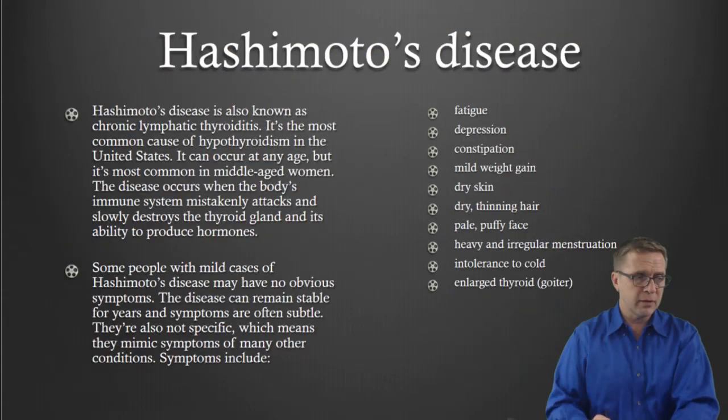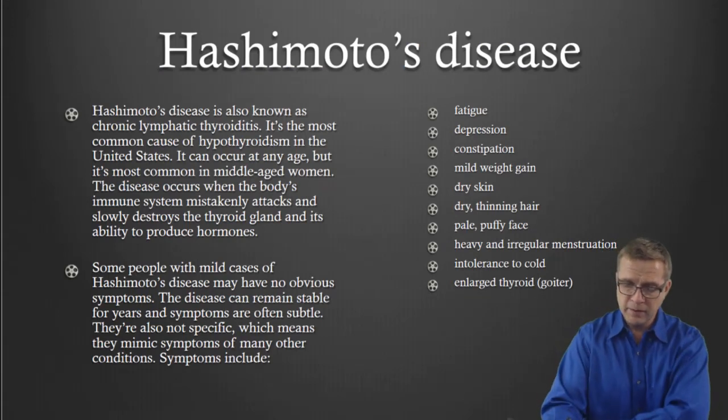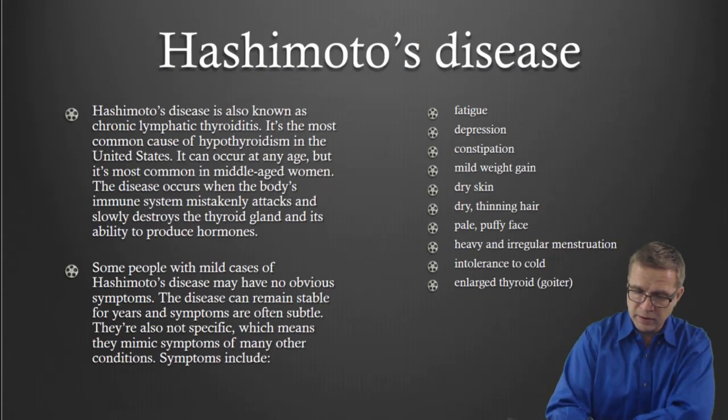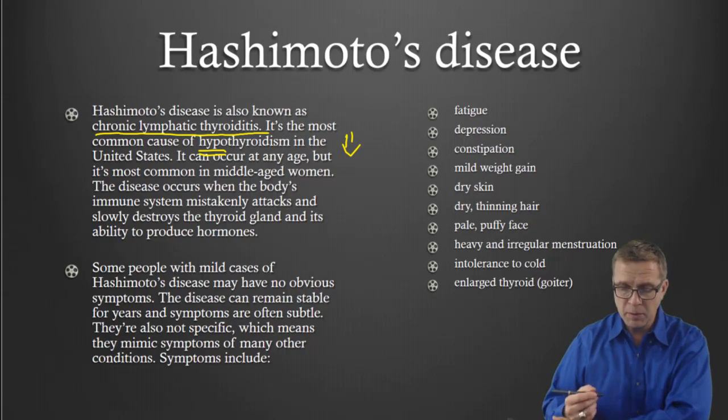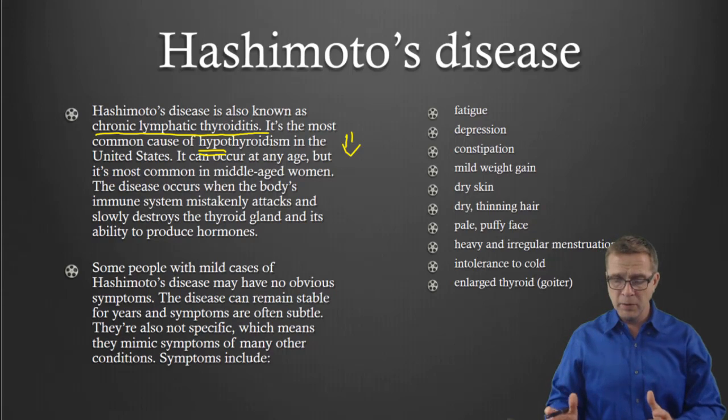Now, there's another disease called Hashimoto's disease, or chronic lymphocytic thyroiditis. This is hypo, so this is low thyroid. In the U.S. it's the most common cause. While it can occur in anyone, it's most common in middle-aged women.